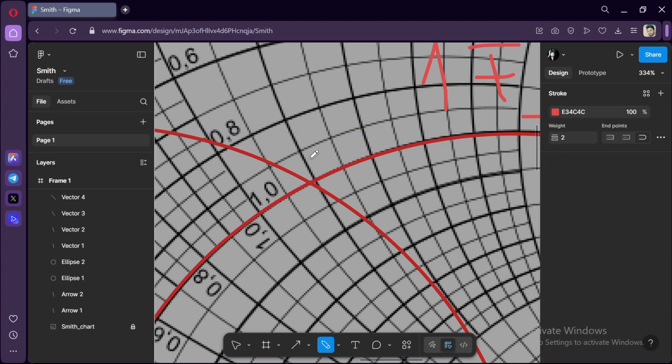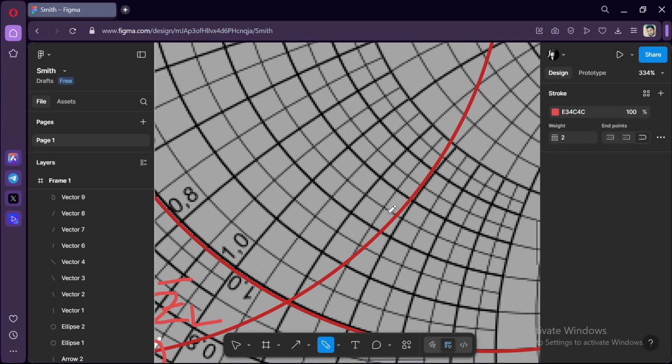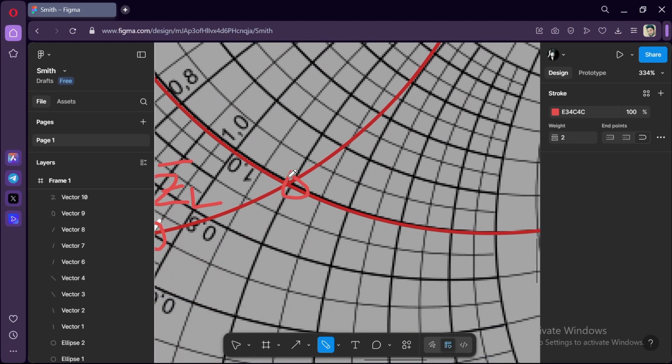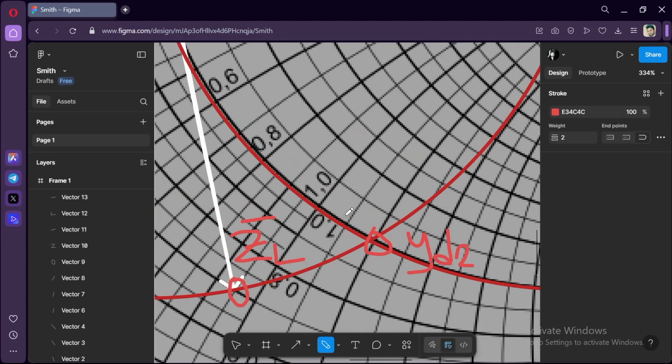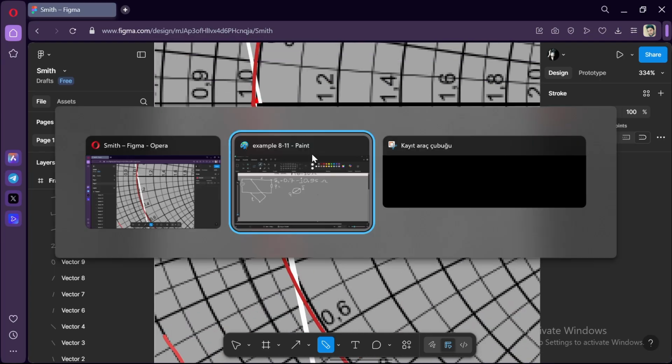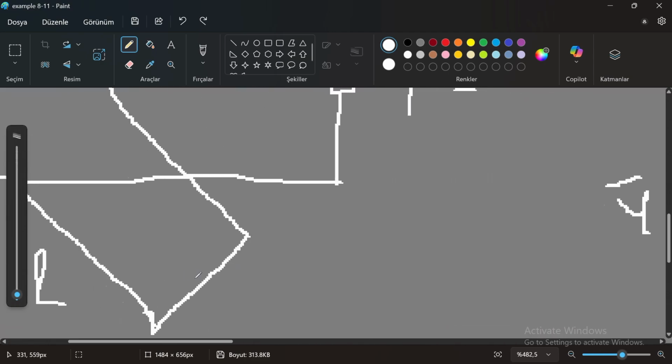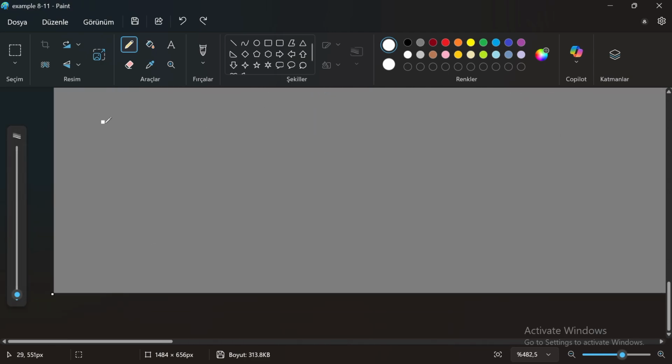Let me write. This first intersection point I will call YD1, and the other one is YD2. The real values are always 1 for these points. Let me write it here: YD1 and YD2 points.